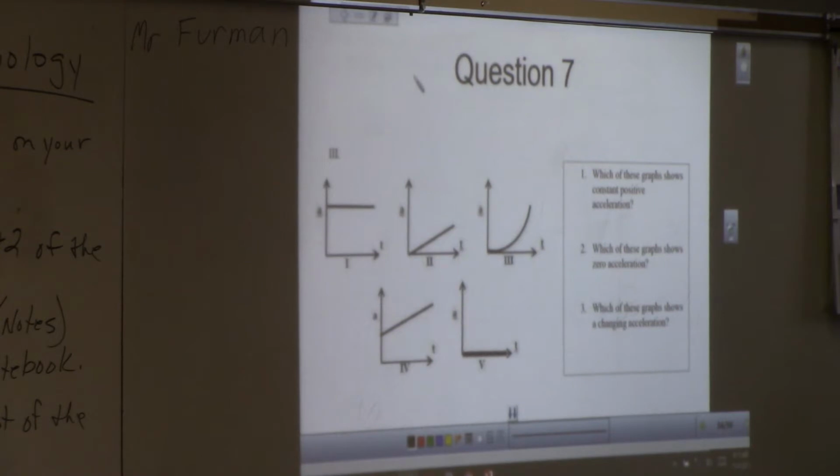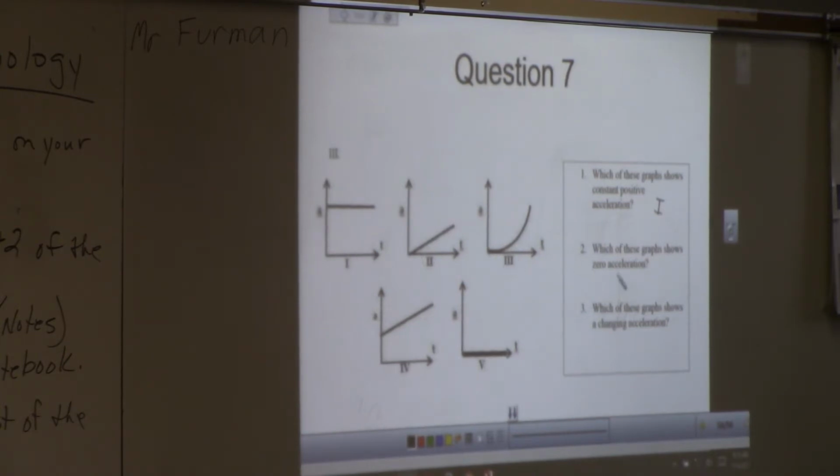You want it to be constant, right? You don't want it to change. Do any of these graphs show a constant positive acceleration? 1, yeah. It's positive and it's not changing. So, number 1.